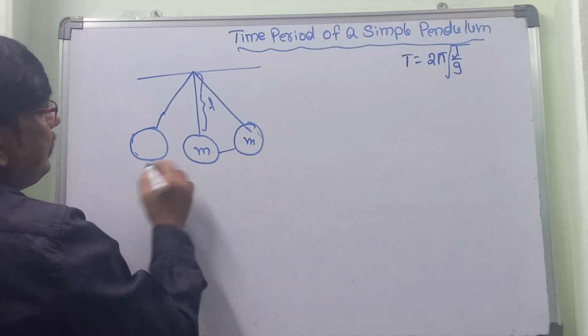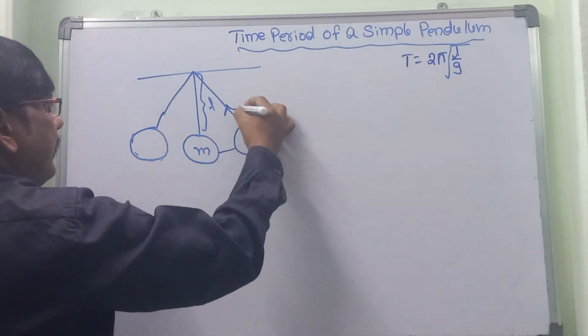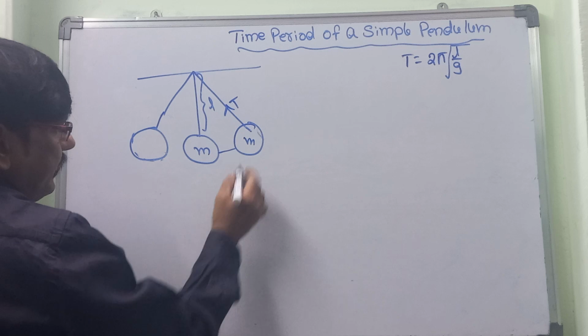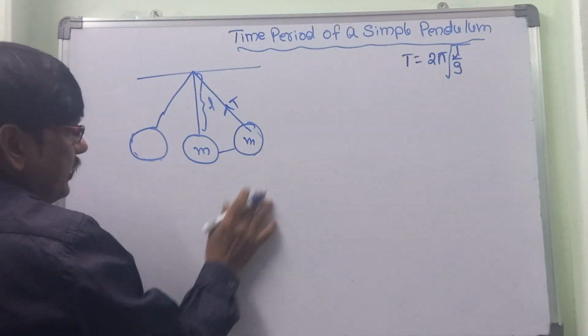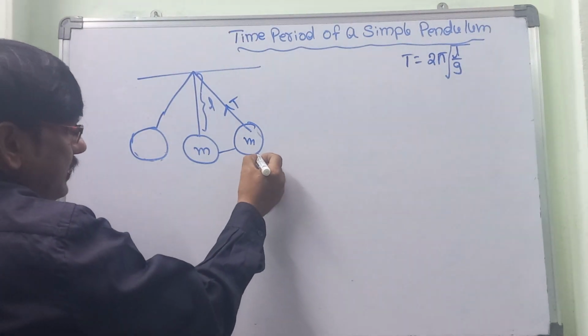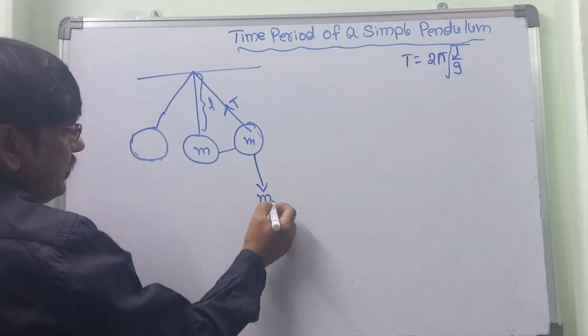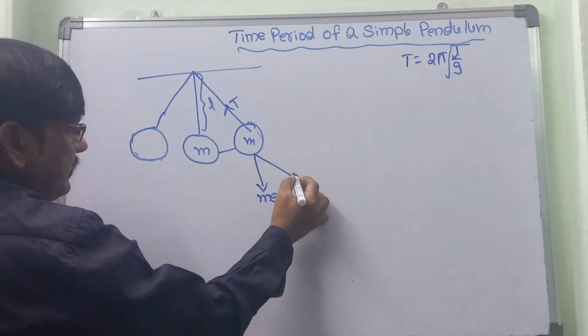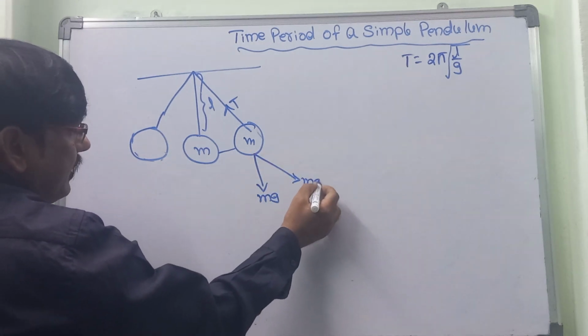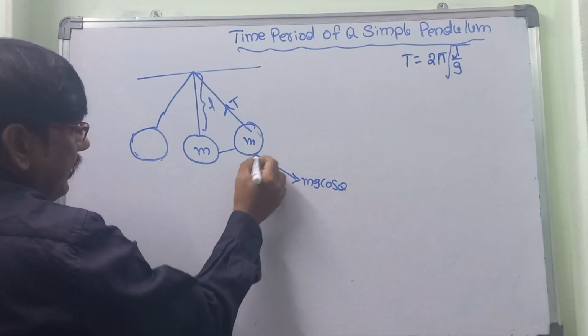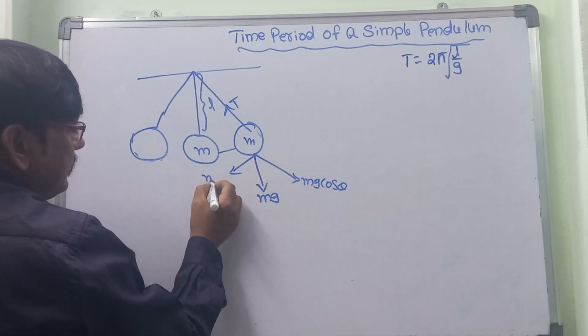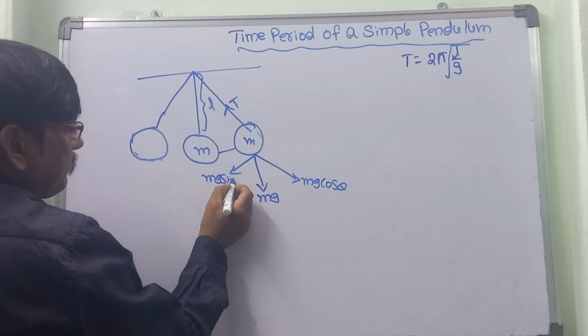Now let us take this simple pendulum. Its tension is acting towards this side. On the weight, we can take two components: mg cos theta and mg sin theta.